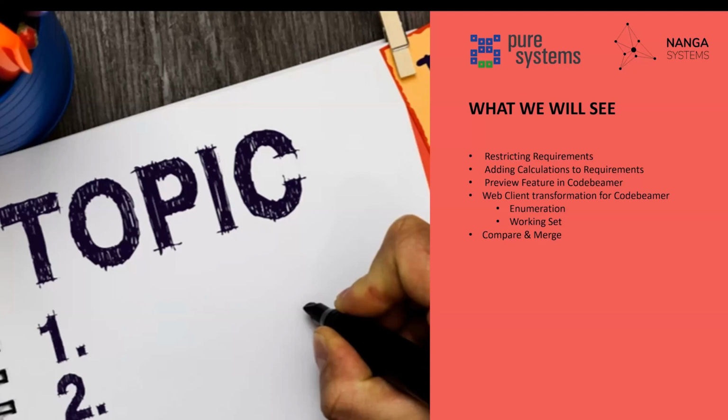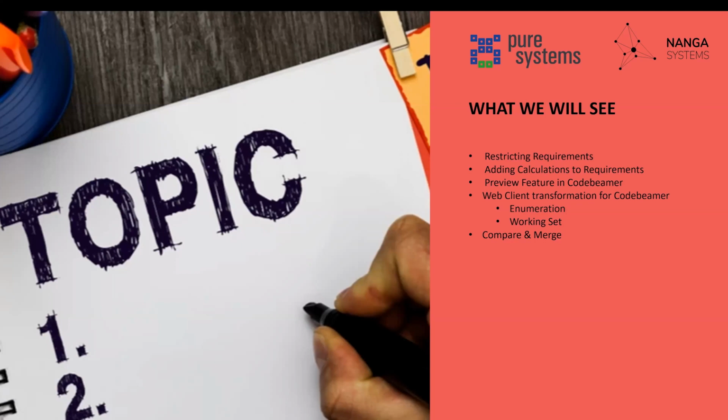What we will see in the next around 20 minutes, I guess, is how we can work together with Codebeamer and pure::variants. Like Lars already told, it's a new connector pure::variants provides since version 6.0. We will see how to restrict requirements directly in Codebeamer with pure::variants. We will add some calculations to our requirements.